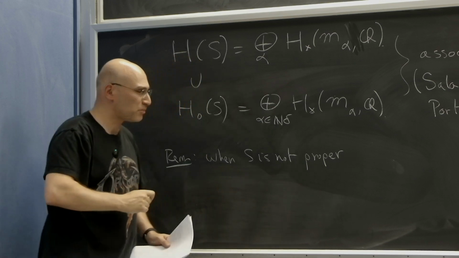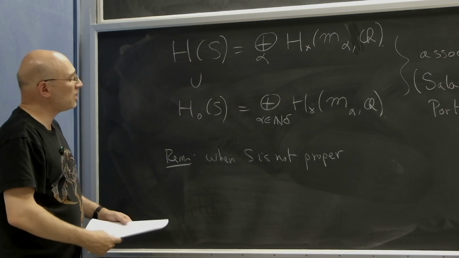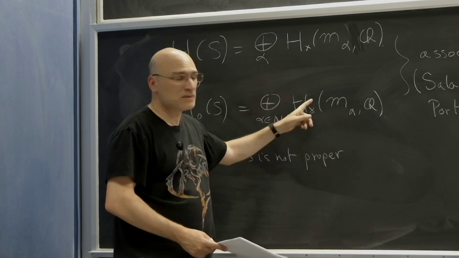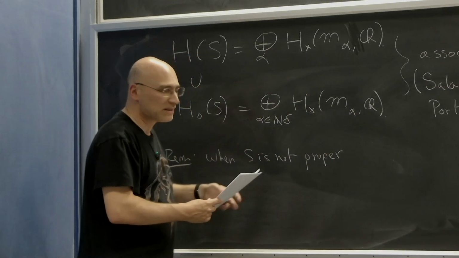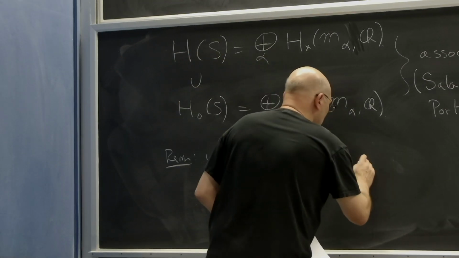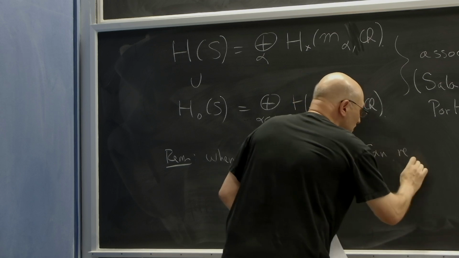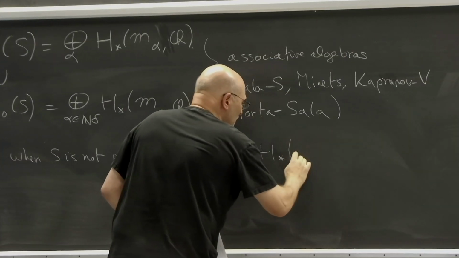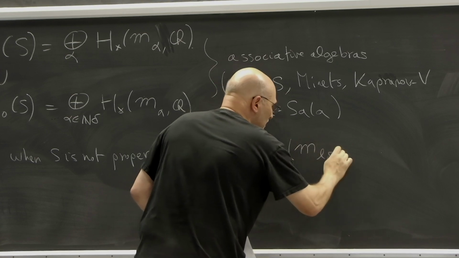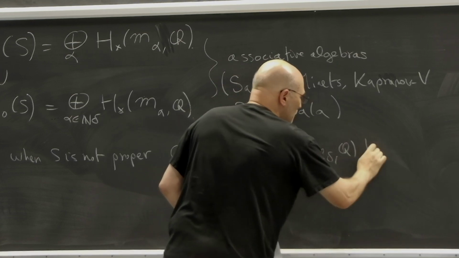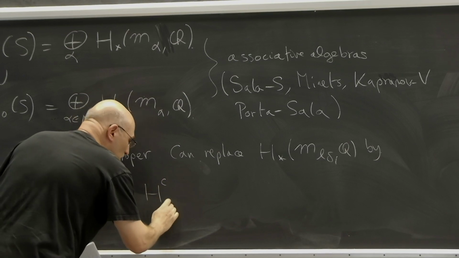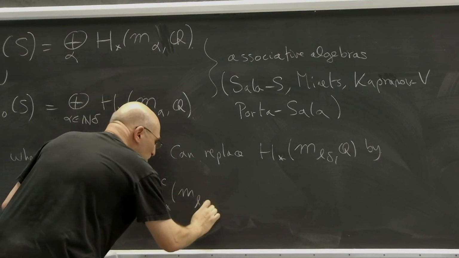when S is not proper, you might want to consider a compactly supported version of this one. So what you might want to do, if it's useful, is to replace the homology of M L delta by something which you could call a compactly supported homology of M n delta.